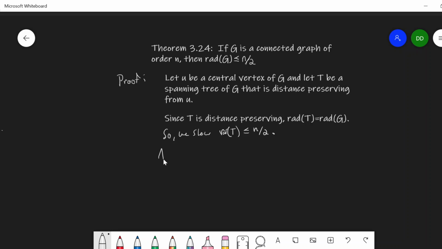So let's assume to the contrary that the eccentricity of this central vertex U is, since it's central, if I assume that this is greater than or equal to (n plus 1) over 2, then that will contradict the radius being at most n over 2.